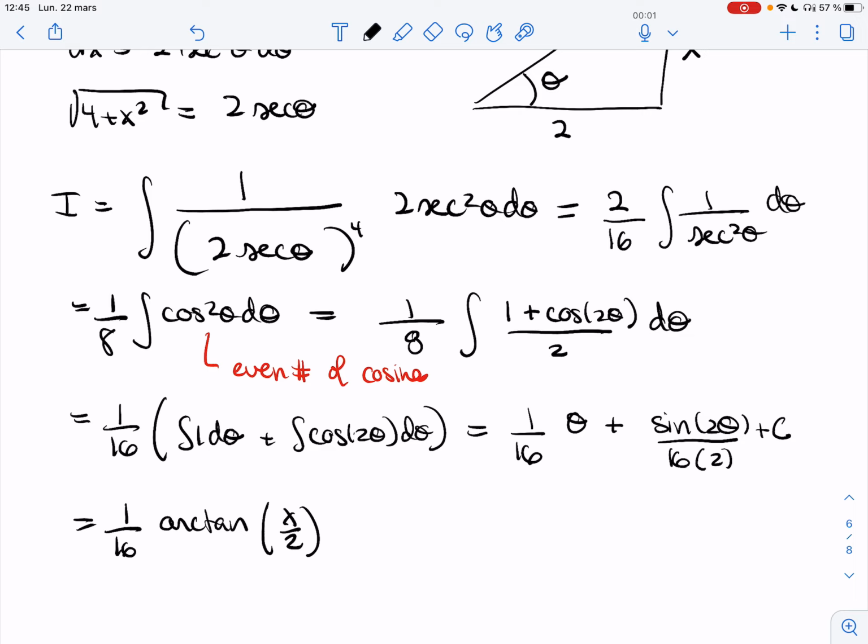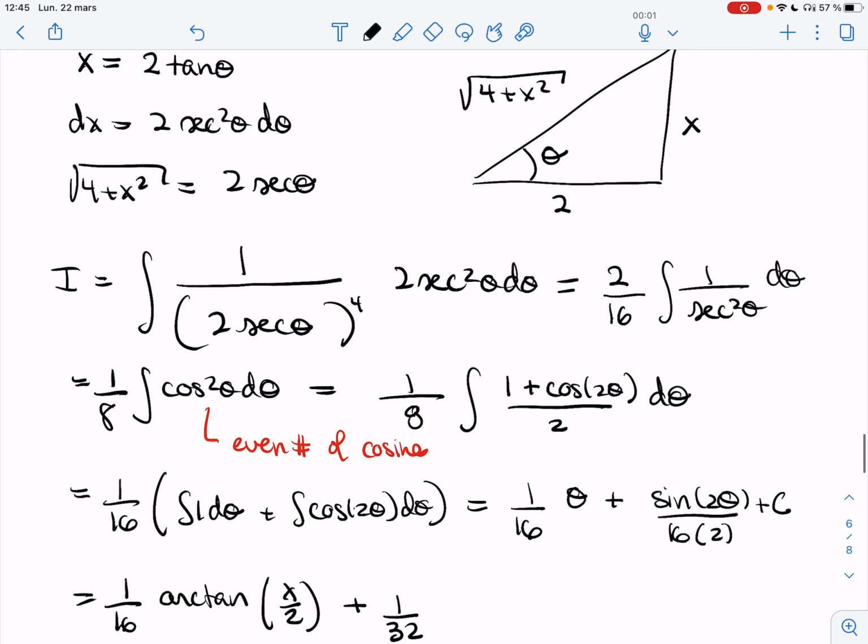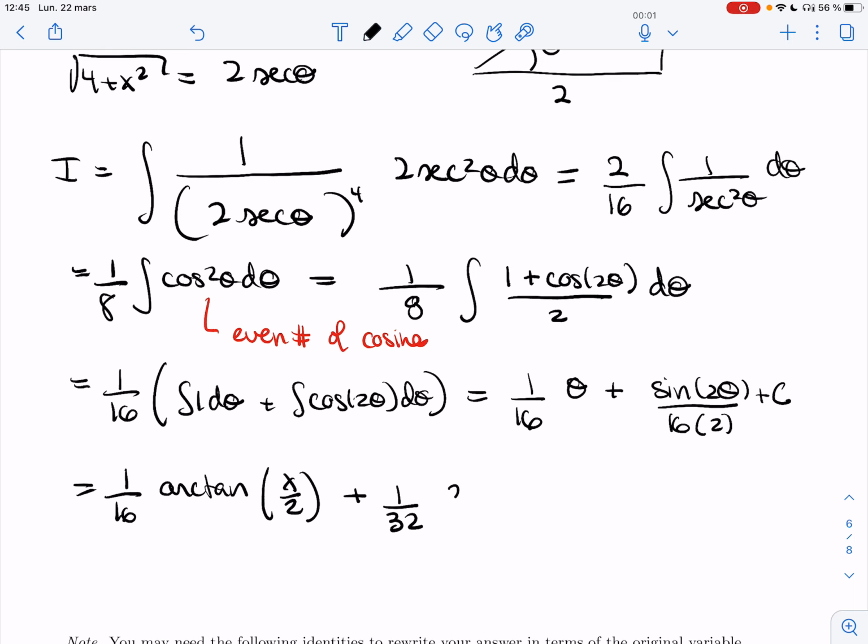And then I have 1 over 32, and I have sine of 2 theta. My triangle covers theta, not 2 theta, and so I'm going to need a trig identity. I'm going to need to replace it by sine theta cos theta times 2.